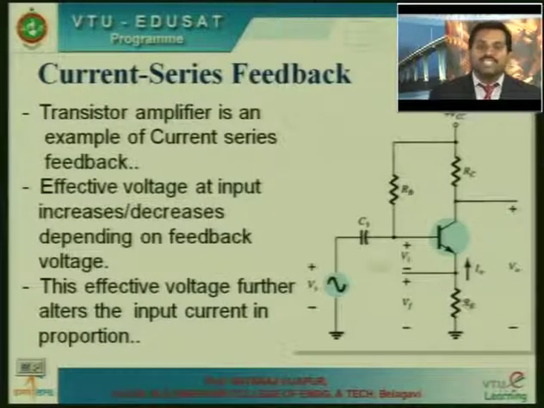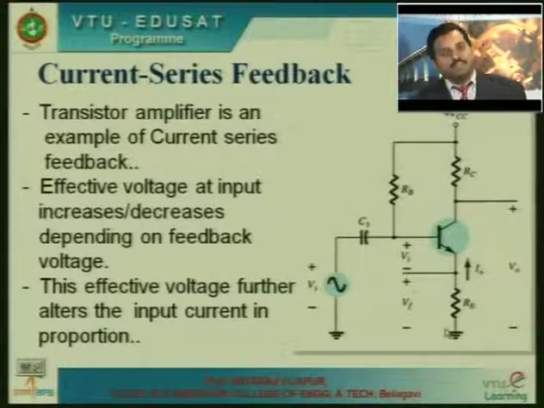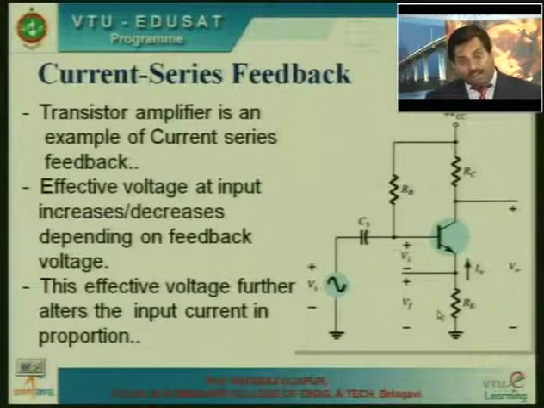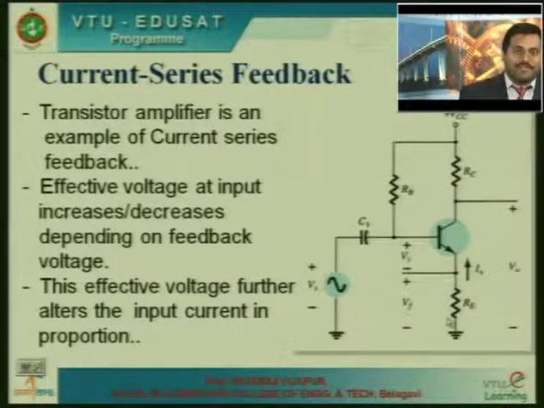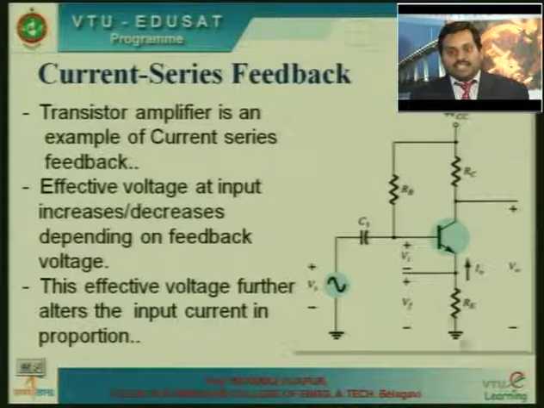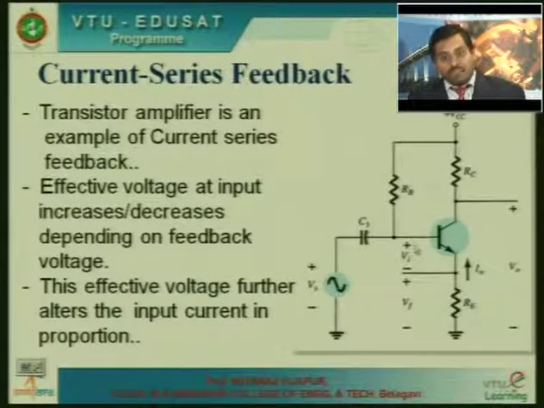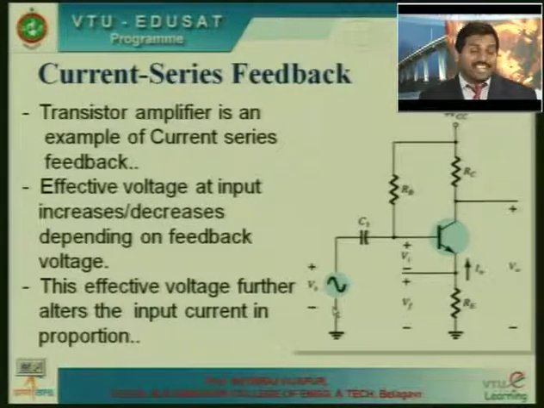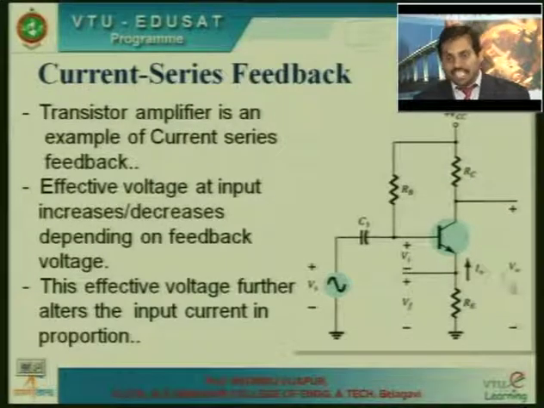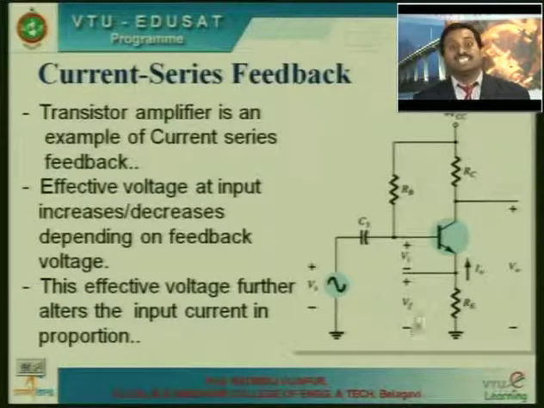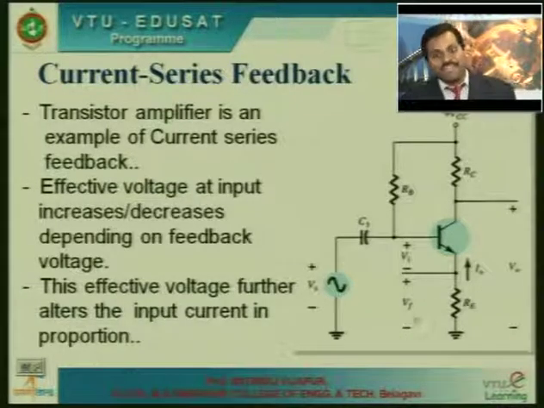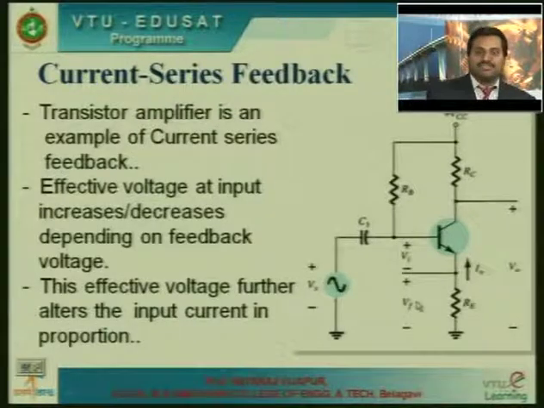So RE is present in both, and it is a common element which helps you achieve stability. You have input voltage Vi, which is generated because of the input voltage. The voltage drop which appears across RE acts as the feedback voltage Vf.